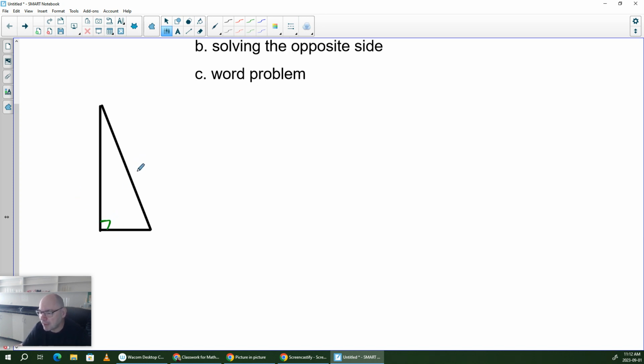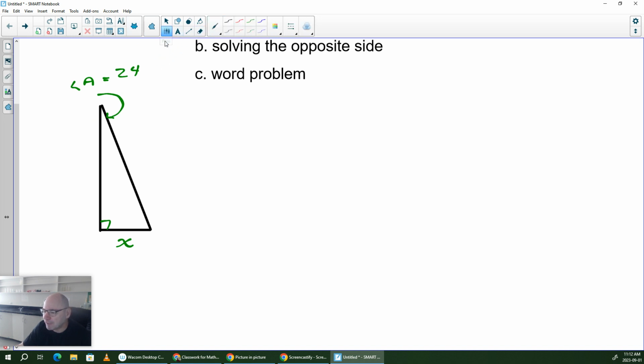This is our given in our right triangle. And we want to find, let's say this is side X, and that they tell us that this angle here, angle A we'll say, is equal to about 24 degrees. Not 240, that's a degree sign.